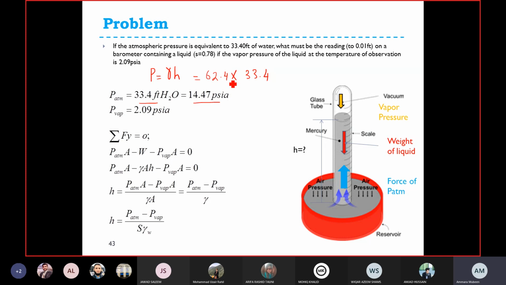Okay, now the value would be in pound per feet cube. But here they have calculated in PSI. Yes, you can convert it to PSI by multiplying it with what, 12 multiplied by 12.